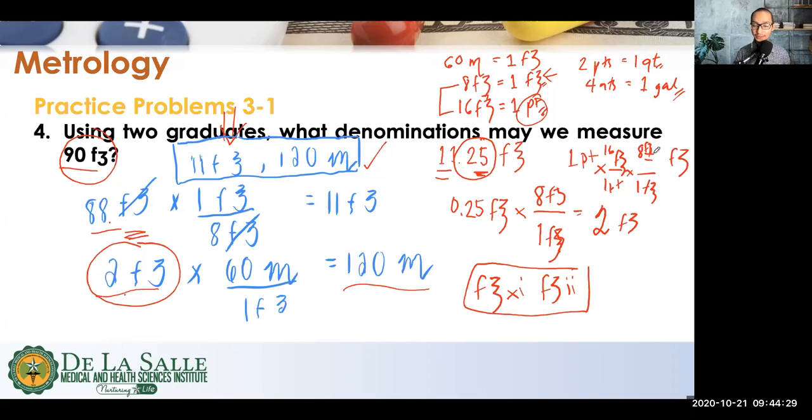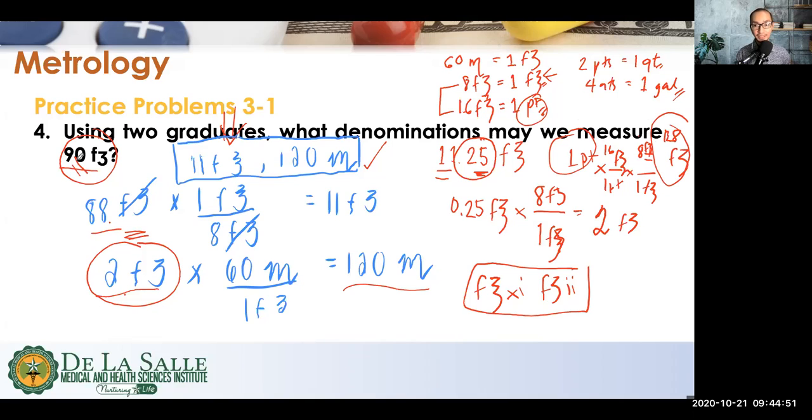So, what we do is we will multiply 16 by 8. So, 8 times 16 equals 128 fluid drams. So, what does it mean? 1 pint is equivalent to 128 fluid drams. Yung liquid that we have is only 90 fluid drams.